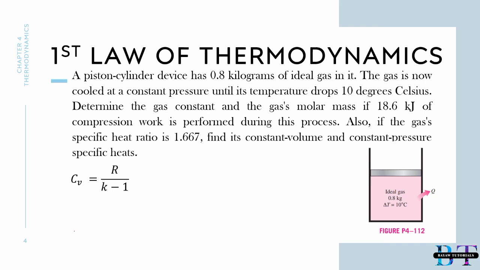Substituting our values, we'll have 2.325 kilojoules per kilogram Kelvin all over 1.667 minus 1. And we'll have 3.49 kilojoules per kilogram degree Celsius. Since it's the same with the unit of kilojoules per kilogram Kelvin, we can write it in this unit.